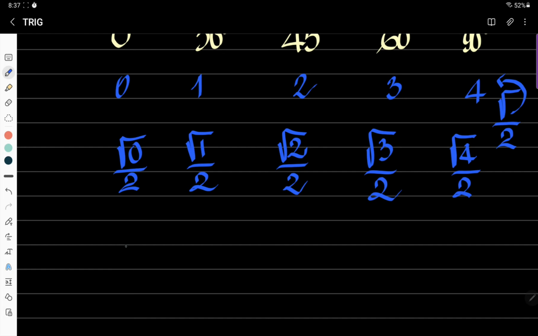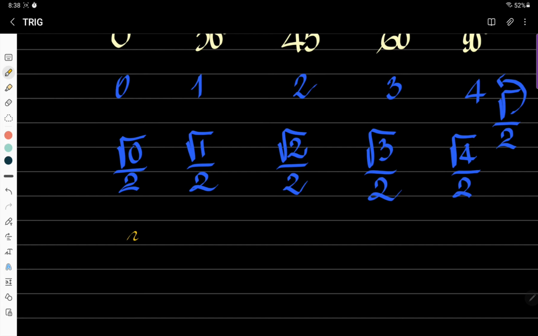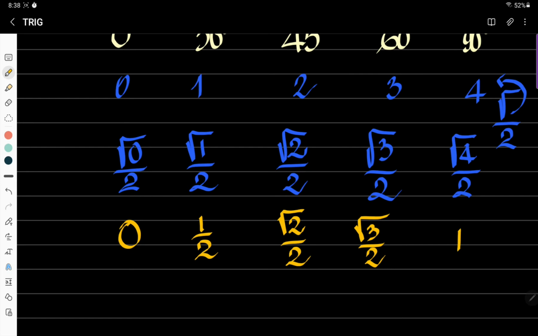Now 0 divided by 2 is 0. This one here is 0. This one here is 1/2. Root 1 is 1. Root 2 over 2. Root 2 over 2. Root 4 is 2, and 2 divided by 2 is 1.